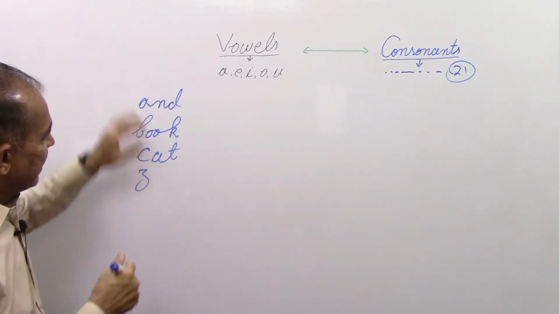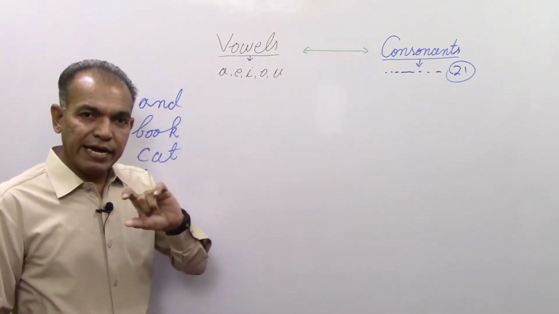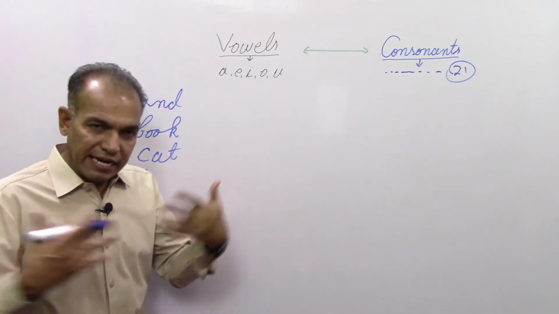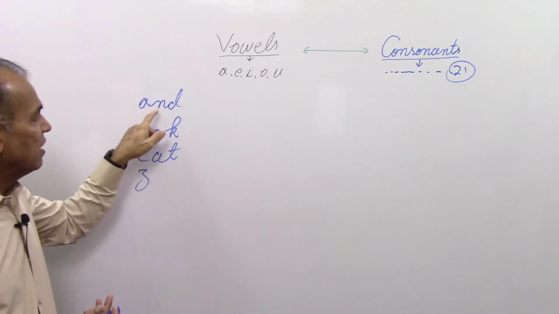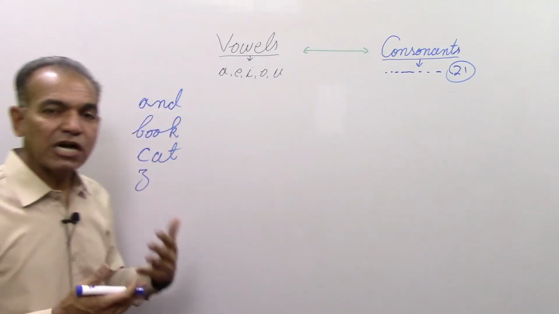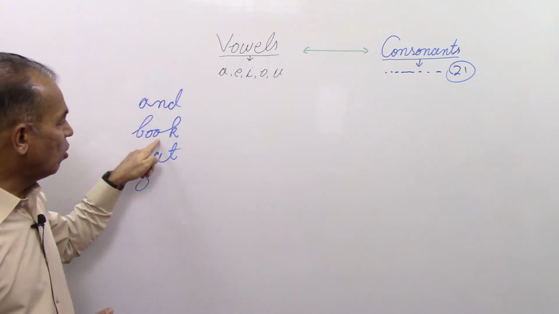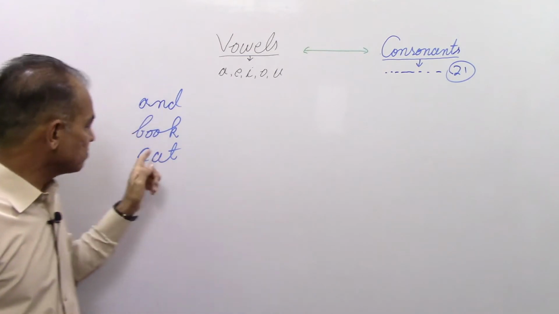So you can see that every letter has its own sound, and when we add other letters with the first letter, collectively they produce a new sound, like A, N, D. The collective sound would be and. In the same way, B, O, O, K. The collective sound would be book.